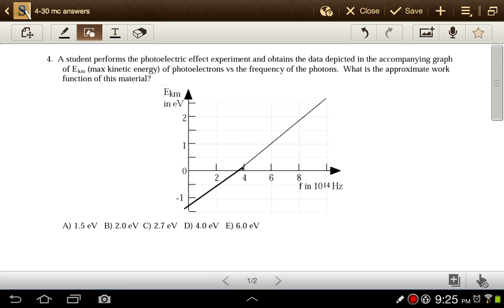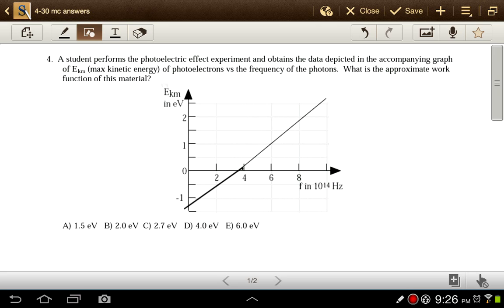Well, if we think about the physical meaning for this, negative kinetic energy just doesn't make any sense. So we could say that would be the amount of kinetic energy we would have to give it just to have it at rest on the surface, free instead of bound with the rest of the material.